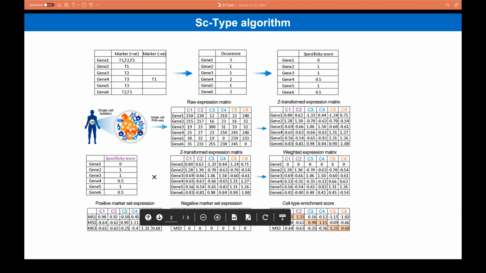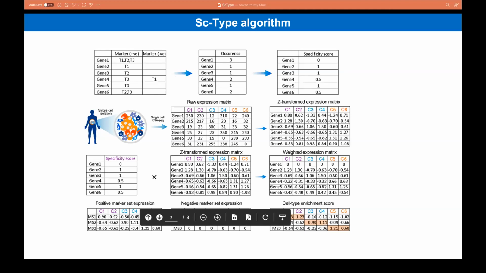So we thought that if we could use this kind of information that is already available in the literature as a negative marker for a particular cell type, then maybe we can increase the specificity of these markers and better annotate the cells. So a negative marker means that you don't expect its expression in that tissue. So you don't expect the expression of gene 4 in tissue 1. Did I explain it? Yeah, great.